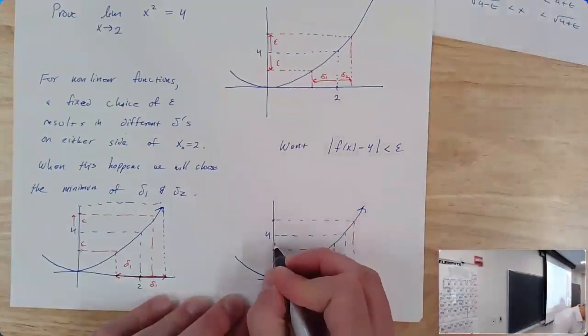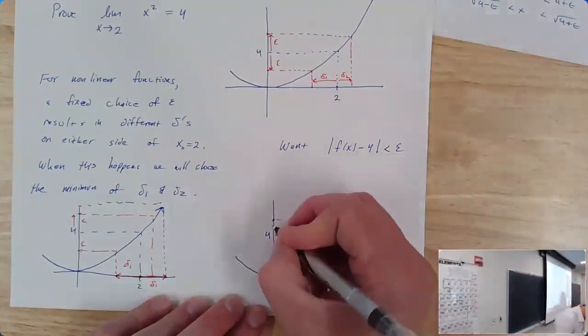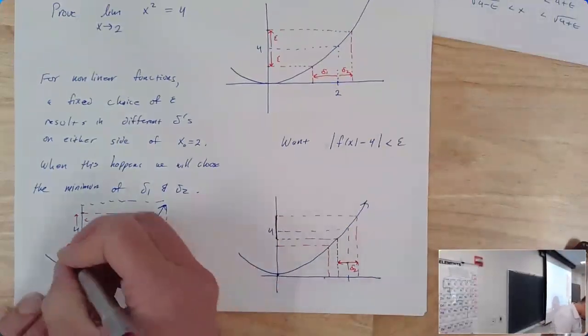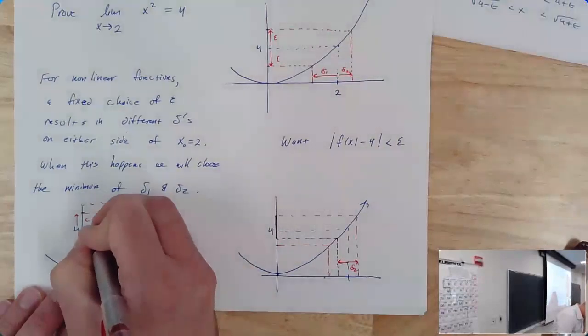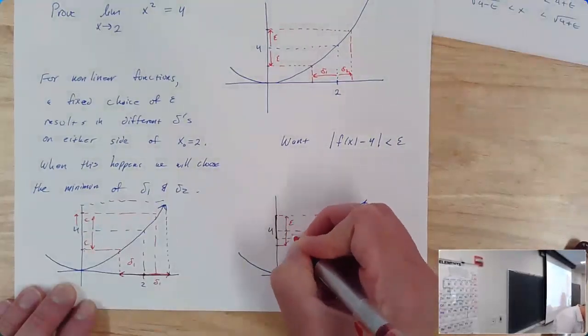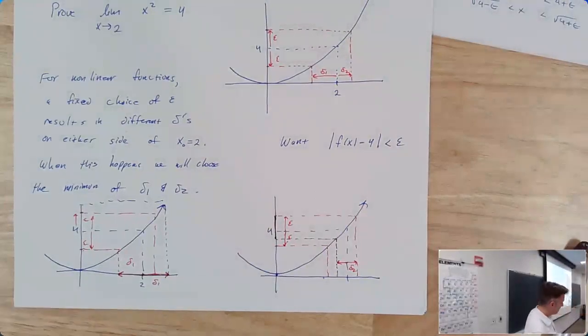We actually end up with a smaller range, but that's okay. It is okay to be stuck just in here. So that's the idea, is that when you have a nonlinear function like this, we're going to pick delta to be the smaller of the 2 delta values, or the minimum of the 2 delta values.